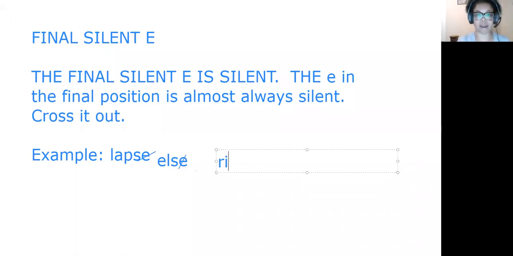Rinse, R-I-N-S-E. Let's say it, rinse. Do we have a final silent E in this word? Yes, in the final position. That E is not pronounced. I don't hear it. We code it with a line drawn through that final E. It's spelled R-I-N-S-E because these words all ended in S-E.